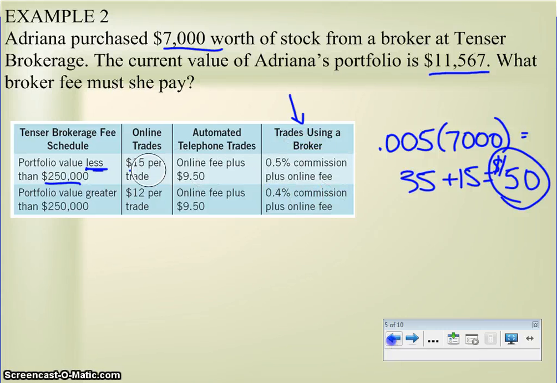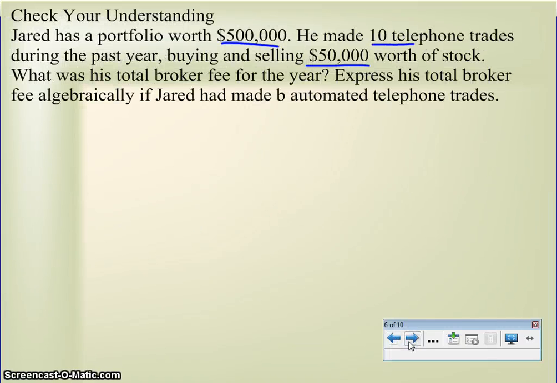Here, we know that his portfolio is greater than $250,000, and he did automated telephone trades. He did 10 of them, so the fee is $9.50 plus the 10 plus the online fee. So let's go ahead and go back here and let's see what we get.